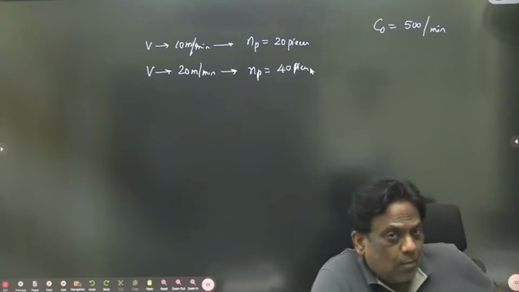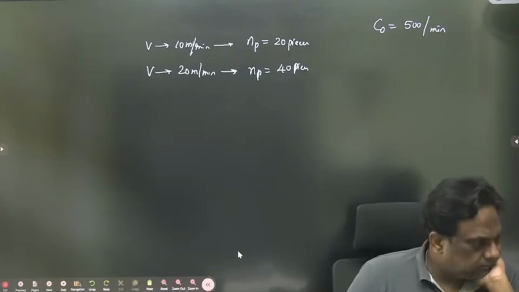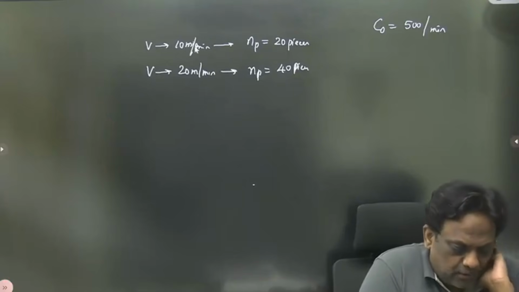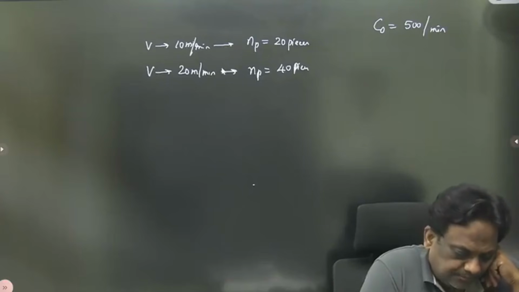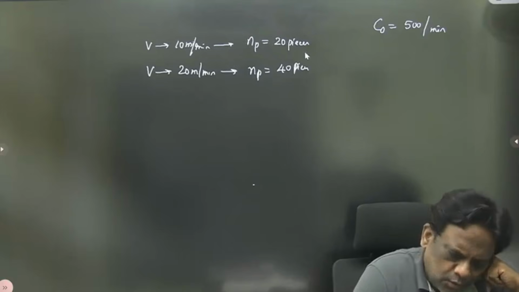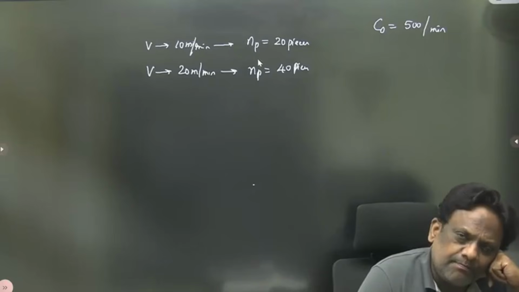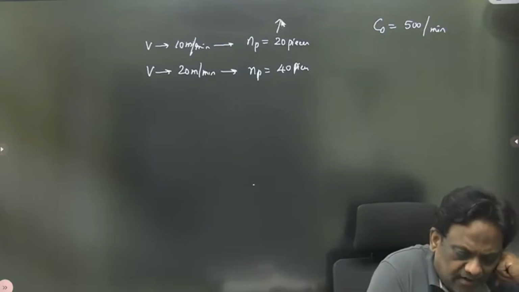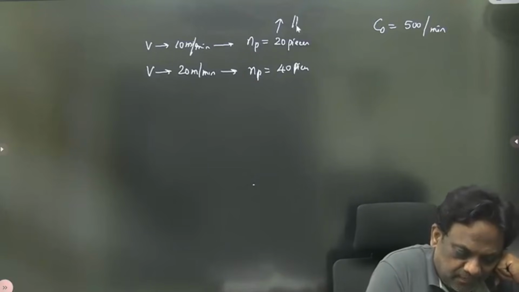In the first case, how much time is he taking to manufacture, sir? देखो क्या हो रहा है सर? Don't worry. My dear loving students, let us say at low velocity, in 1 hour, he is manufacturing 20 pieces.